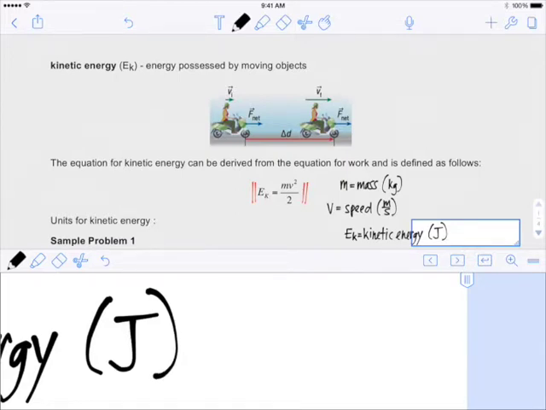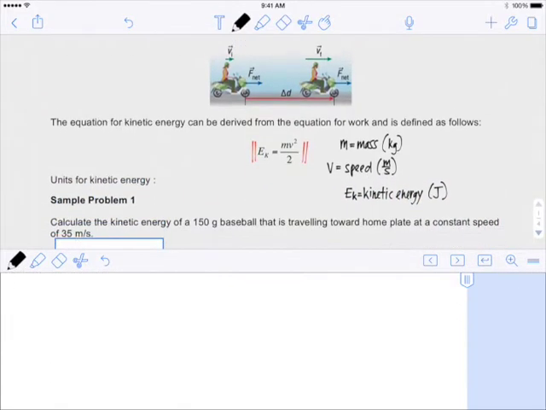So with this newly defined equation, we will look at sample problem number 1.